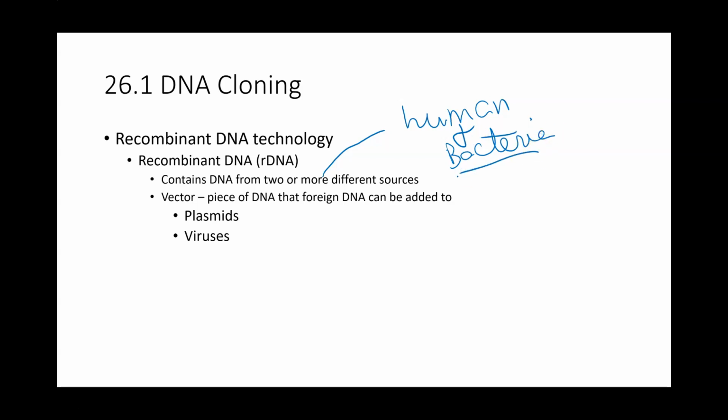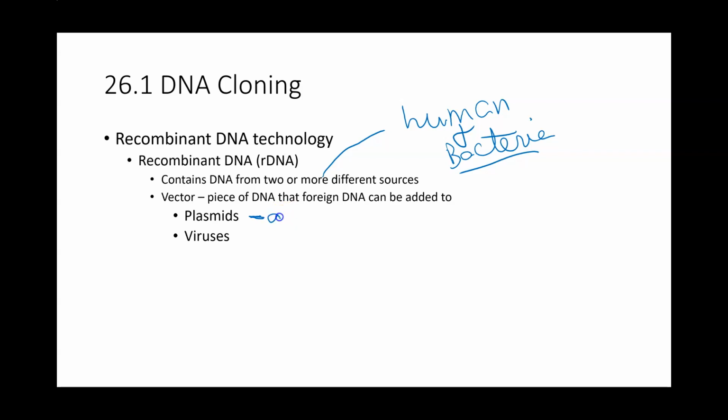That would be an example. So to do this, we have to have some type of a vector that can take the DNA and put it into another organism. So a vector is just a piece of DNA that foreign DNA can be added onto. And so oftentimes we use plasmids as vectors.